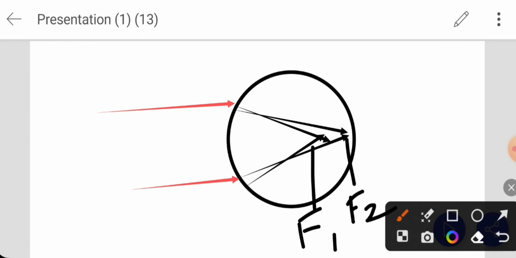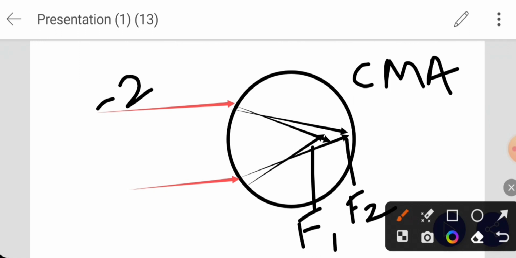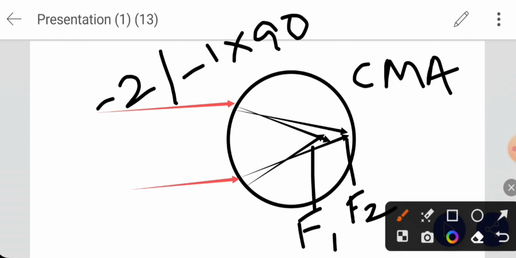Two focusing points in front of the retina, that means it is known as compound myopic astigmatism. So what is the example for that? The example is -2 with -1 at 90 degree. So that is the example for compound myopic astigmatism.